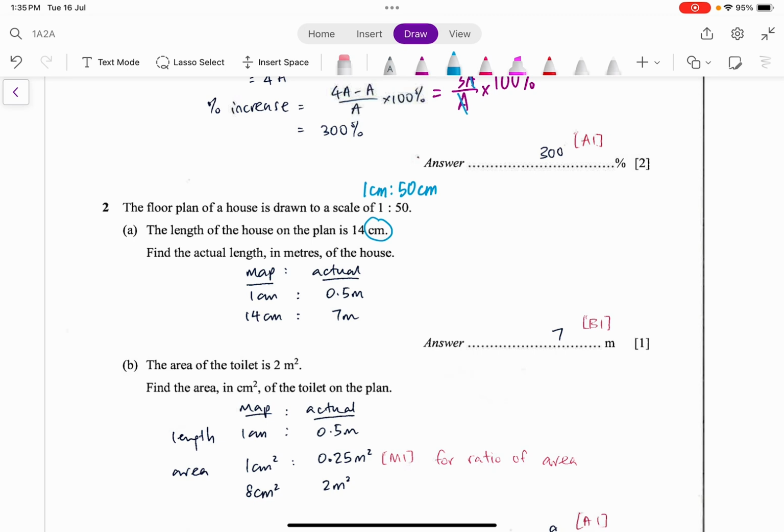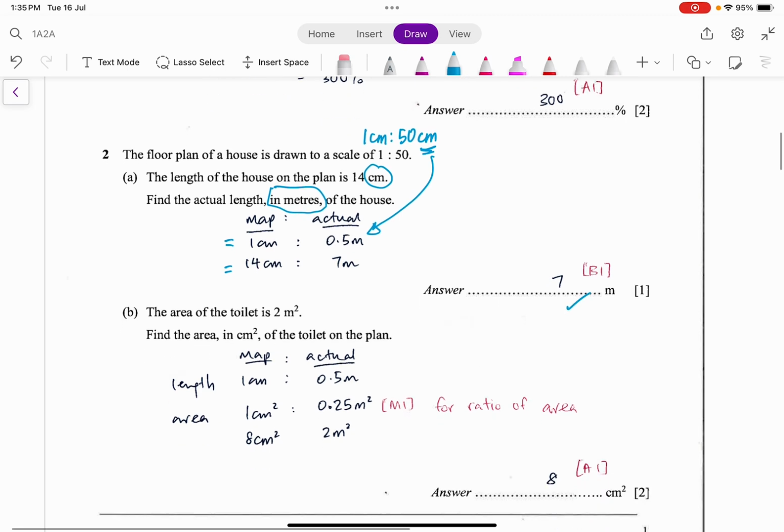But 50 cm, later on the final actual length, they want it in meters. So I might as well change this cm to meters. And that's how the 0.5 meters came about. Then 14 cm is times 14 on both sides, so it's 7 meters.